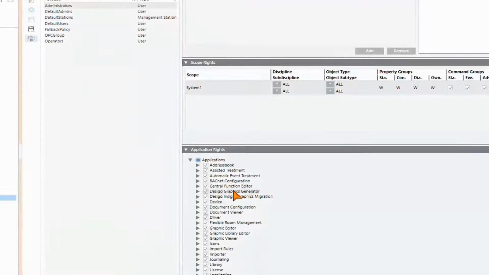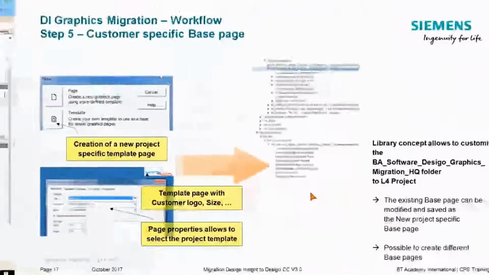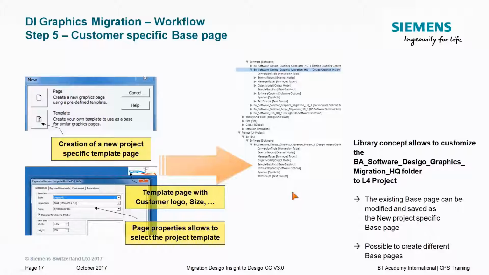And then here, before doing a graphics conversion, the question is, did you, in the Desigo Insight, you remember, it was possible to create a top page with the customer's company logos and information, okay? And then using that top page to create all the graphics.